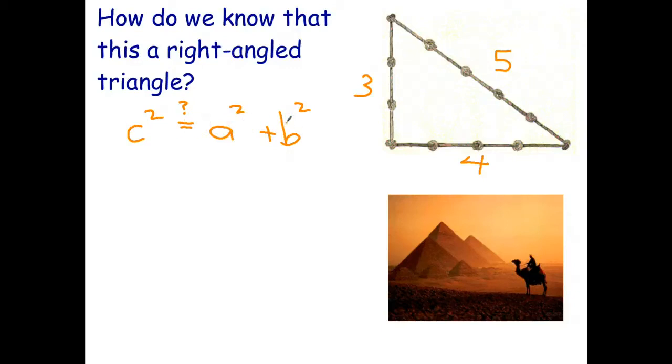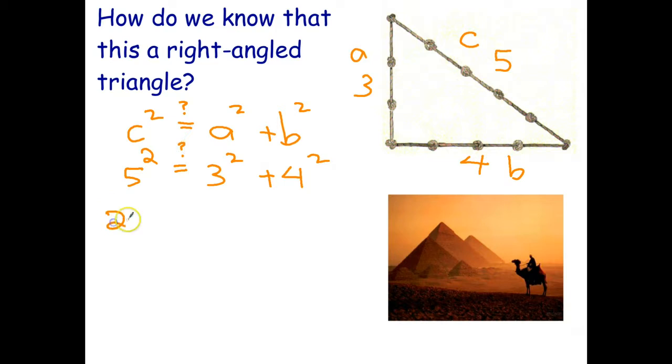Okay, let's put the numbers in. Okay, I should have done this before. That's C, that's A, that's B. Always label the sides. So is it true that 5 squared equals 3 squared plus 4 squared? Well, we don't know. Let's put a question mark there.